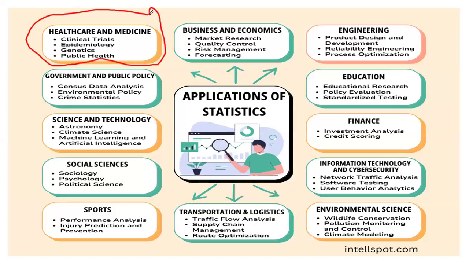It is statistics that will tell us. Because I remember during the time of COVID, we had those daily updates, right? Today, how many people have died? How many have been infected? Such kind of information. All that is possible because of statistics. Without statistics, we wouldn't have those numbers.